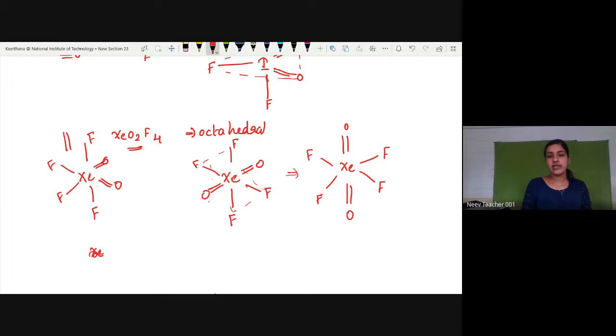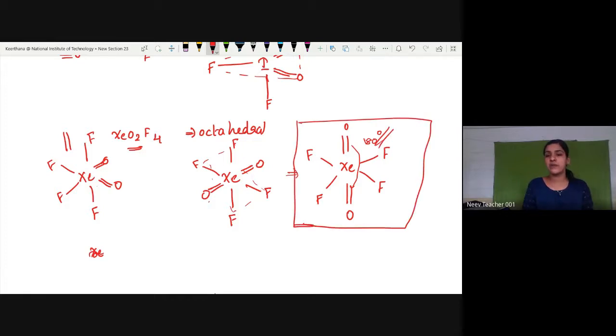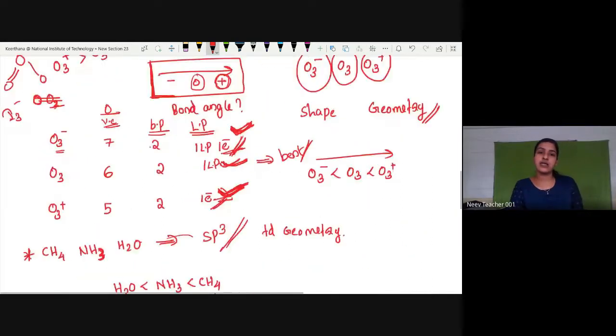So if you draw like this and also like that, both are fine. The thing is, the oxygens should be at a 180-degree angle. But we will prefer this, because conventionally we draw it like this. If you draw it the other way, it is not wrong. This is right. So XeO2F4 is octahedral.